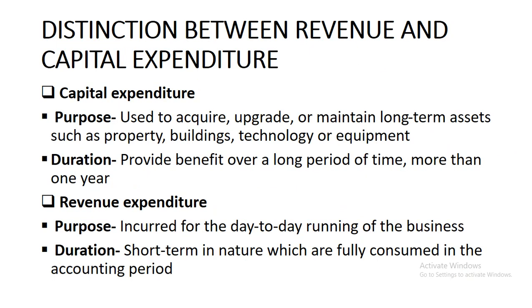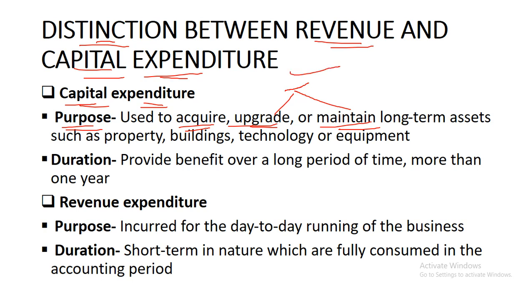So now, let's look at the key distinctions between the revenue and capital expenditure. Right? So let's begin with capital expenditure. What is the purpose of capital expenditure? So the capital expenditure is used to acquire, upgrade, or maintain long-term assets. So upgrading and maintaining here, it's in the context of improving the earning capacity.